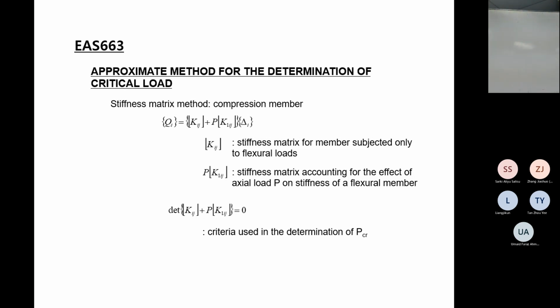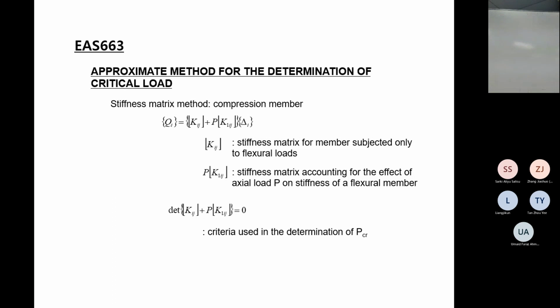And in order to apply this method to determine critical loads, we use the condition for non-trivial solution: to get P critical, the determinant of this matrix must be 0. So this is the criteria that we use.